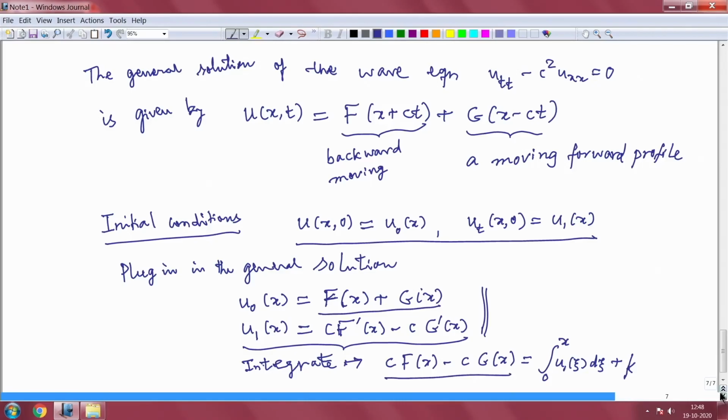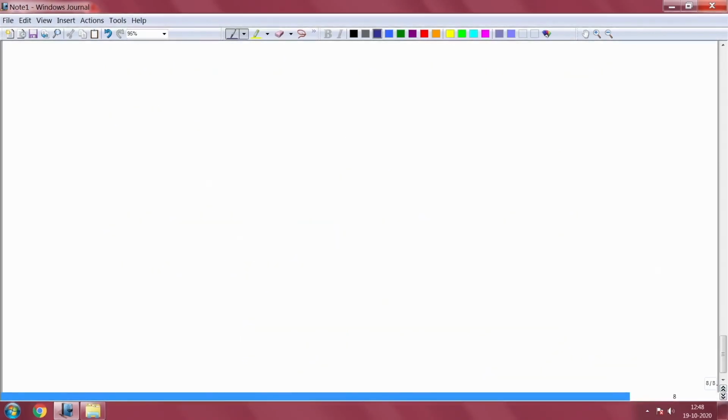So, I will write the formula here. We get f of x is equal to half u_0(x) plus 1 by 2c integral 0 to x u_1(j) dj. Okay, do not confuse that j with characteristic variable.